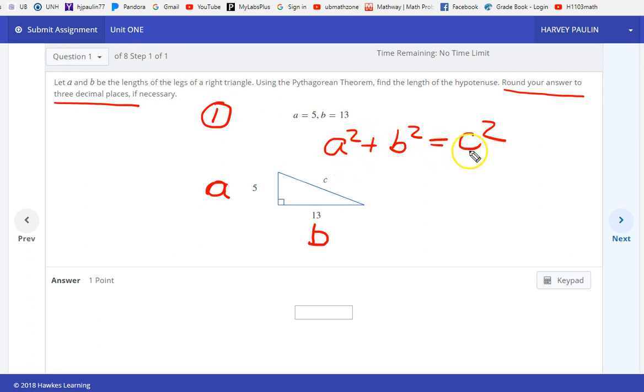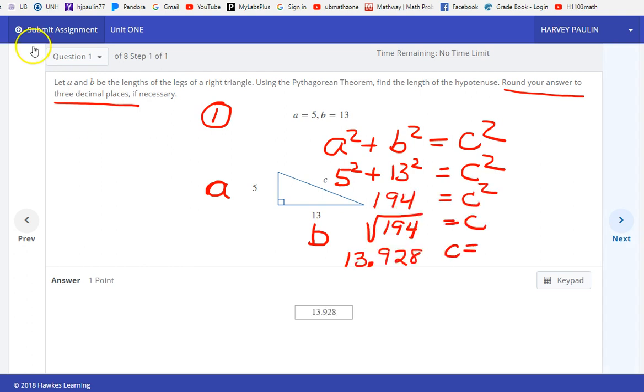And you may have written this down or not, but then you're going to put 5 squared plus 13 squared equals C squared. All right, I'm going to pause it now while I do the calculation. Now, again, I'm showing the work of what I'm going to put in my calculator.